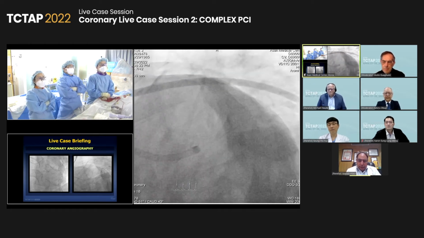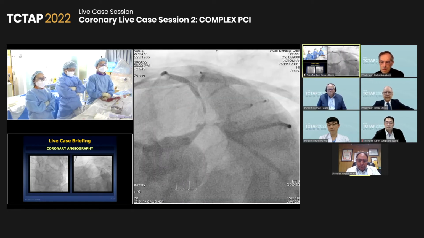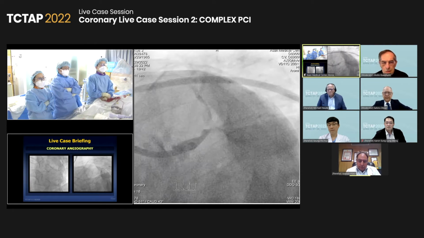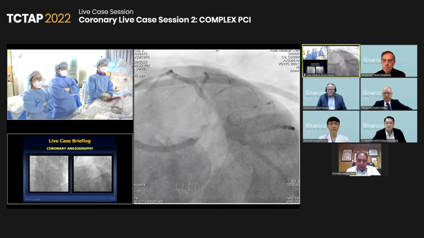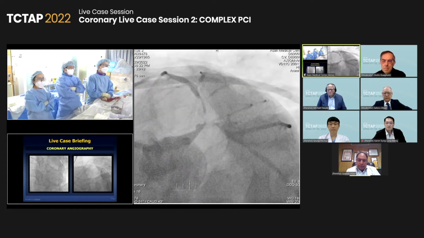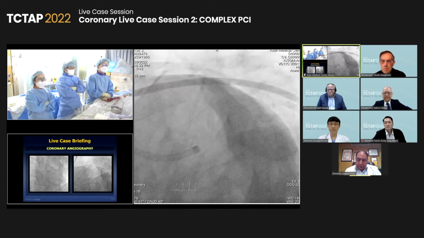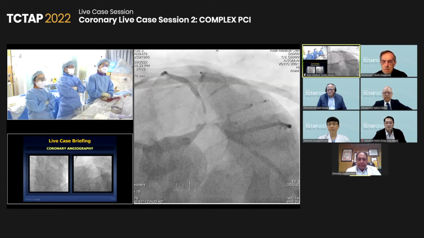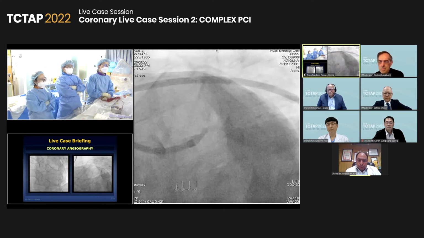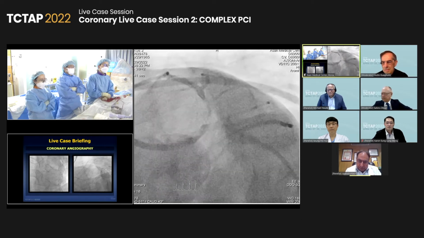You can see it on the left side. So we'll see how much calcium is there, what is the arc of calcium, and whether balloon alone is enough or whether we need to do debulking of the lesion before we decide to put in the stent. So I think pre-dilatation followed by imaging and then deciding what to do, whether to balloon it or to do debulking using a cutting balloon or a rotablator.